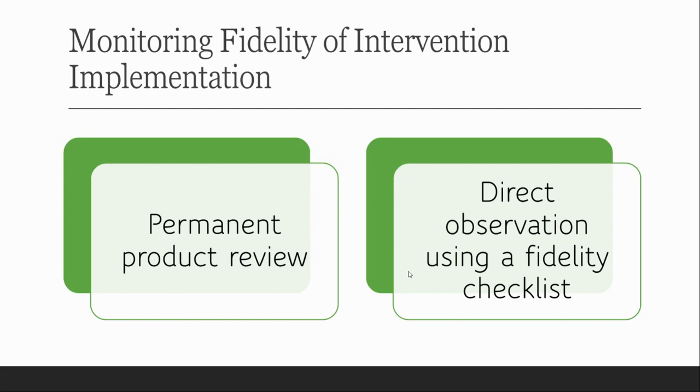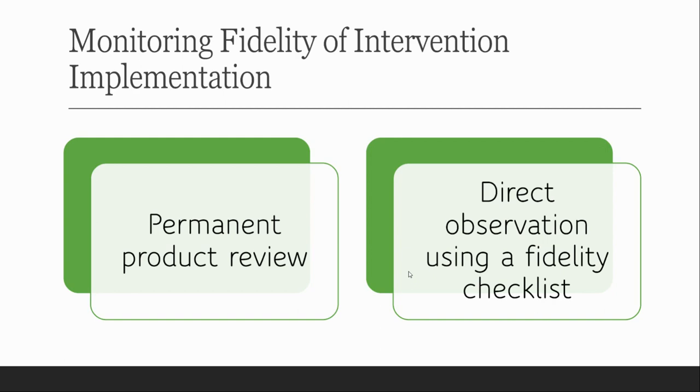So the next thing to think about is how that team is going to monitor the fidelity of the intervention. Just like with any intervention, it's important to monitor the fidelity to ensure that it's being implemented properly, so that when we're looking at students' response to the intervention, we know if the student is not responding because of a deficit and we need to do some problem solving, or they're not responding because the intervention is not being implemented with fidelity.